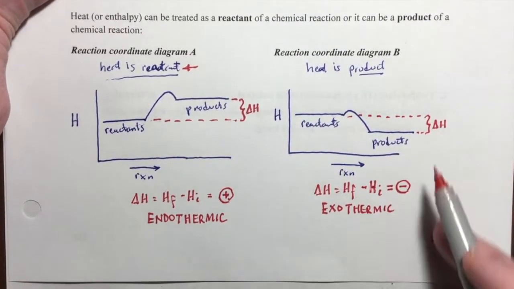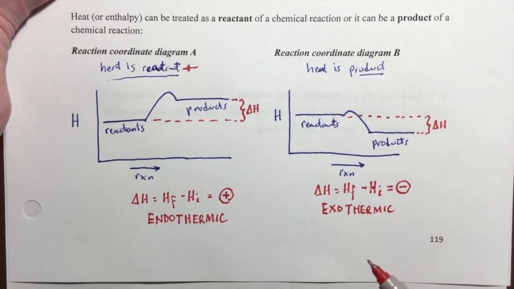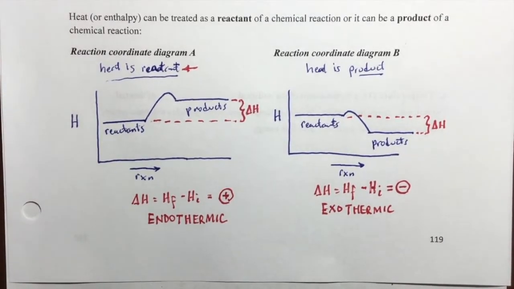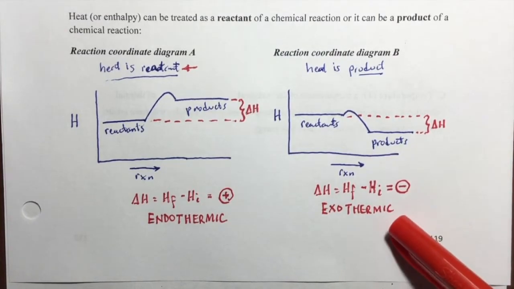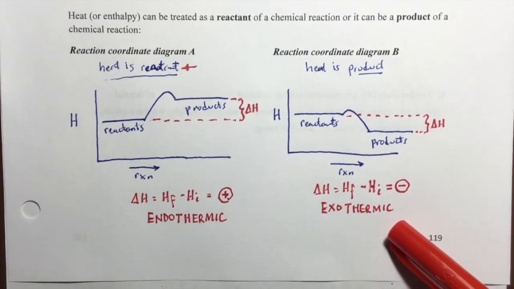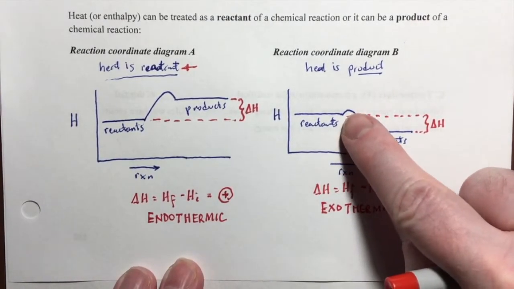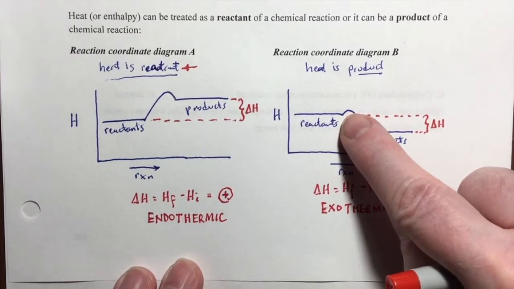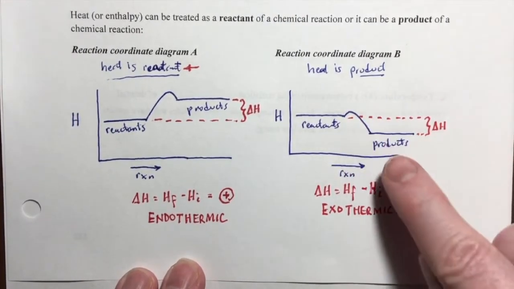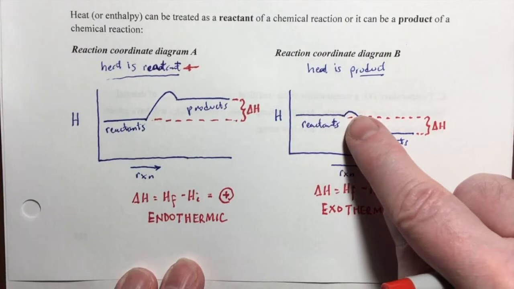Which of these two cases represents burning paper? Is burning paper an endothermic or an exothermic process? Well, hopefully you said that it's an exothermic process. Yes, we may need to help get it started by adding a little bit of flame to it. And that's what that little bump represents right there. We have to help it get over that little activation barrier.